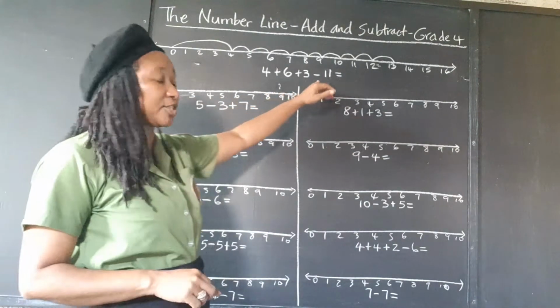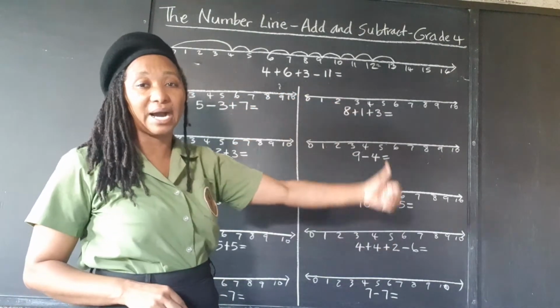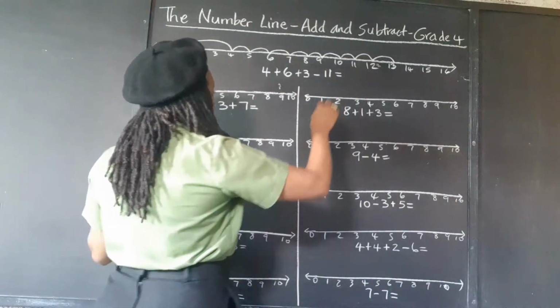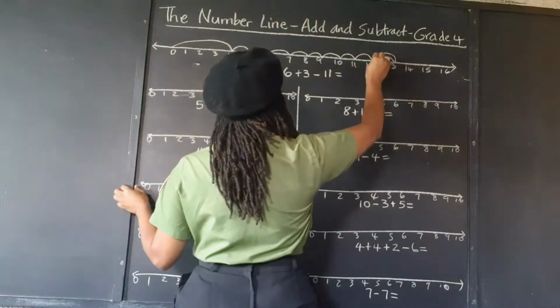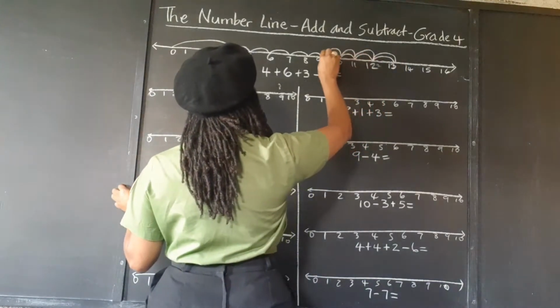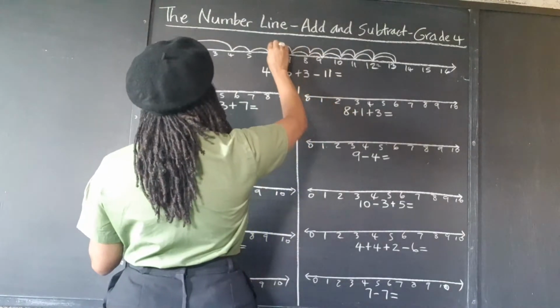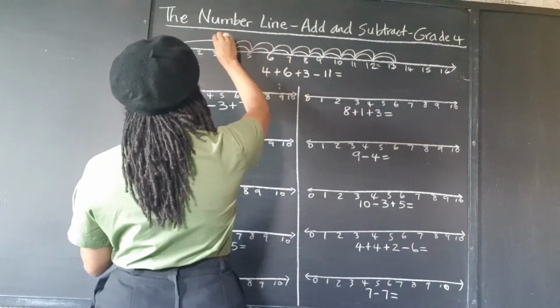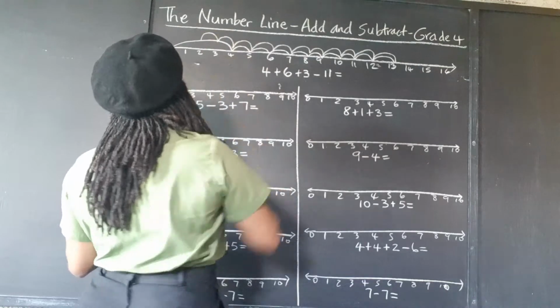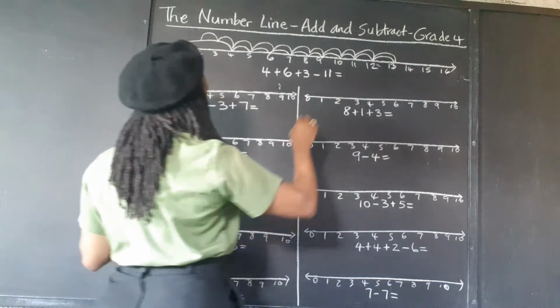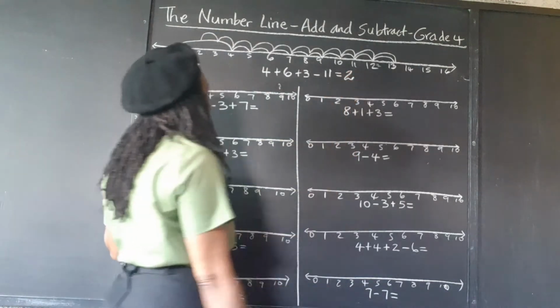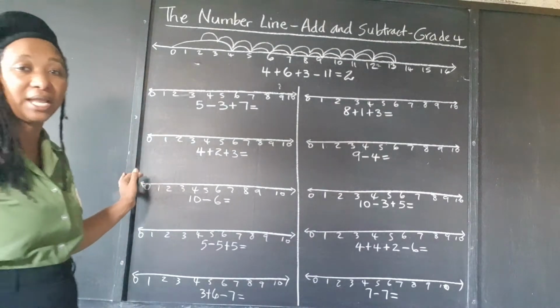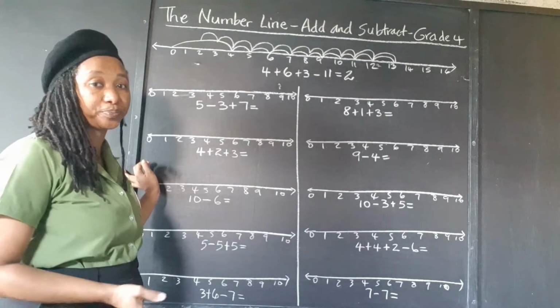And now we're going to subtract 11, we're going back to the left. 11 from 13, so that's 1, 2, 3, 4, 5, 6, 7, 8, 9, 10, 11. So that's 2. 4 plus 6 plus 3, take away 11, gives 2.